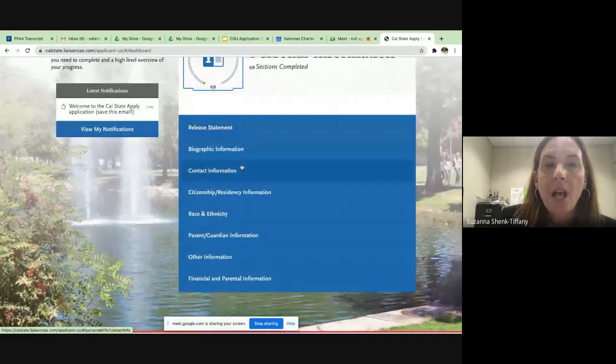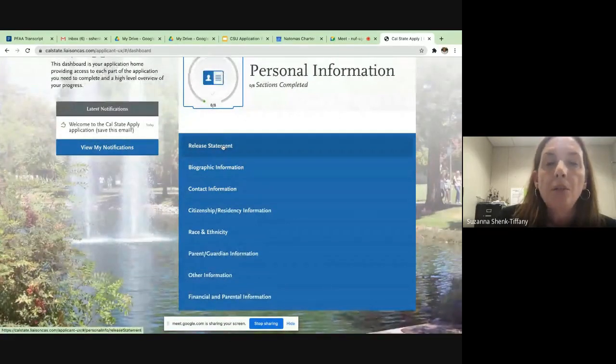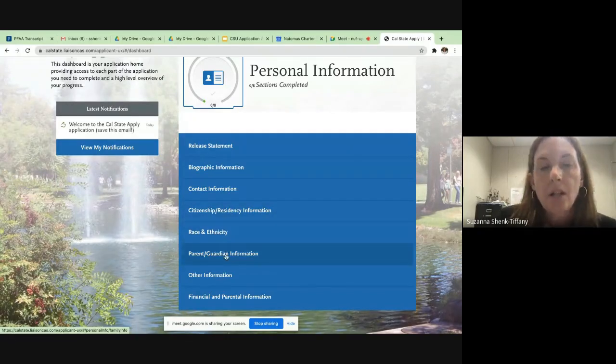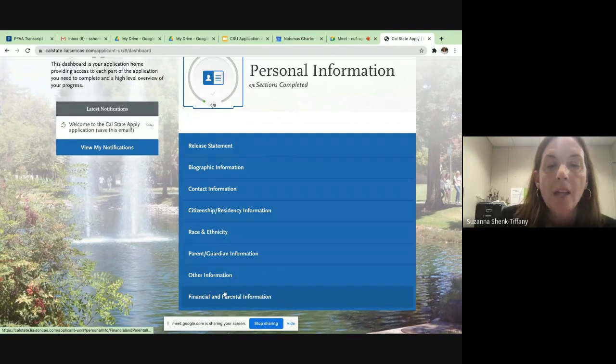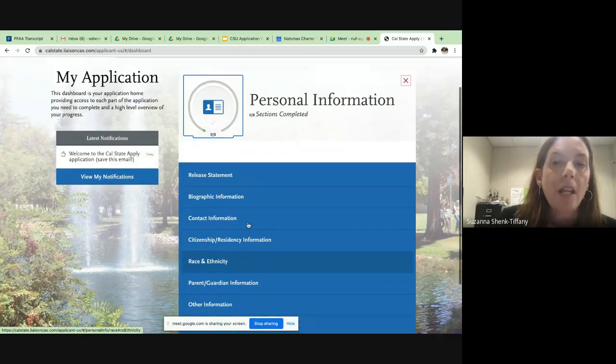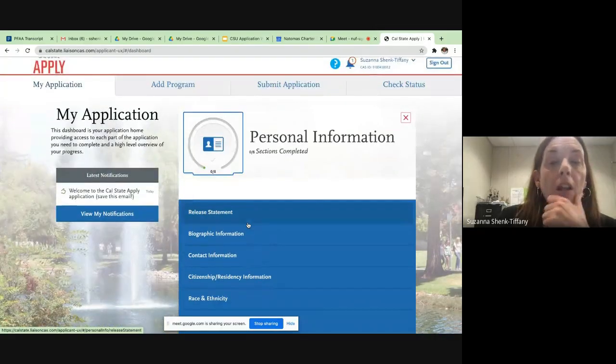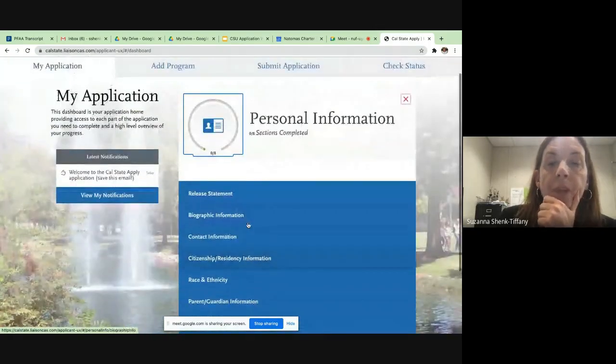And I'm not going to spend time going through this, but you'll see that it's going to ask you like your name and address and your citizenship and your race and ethnicity and your parents or guardians. Again, here's where it's going to ask about that financial information. If you don't answer that, then they cannot see if you're eligible for a fee waiver, okay?